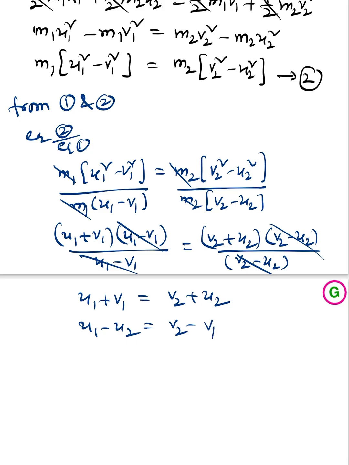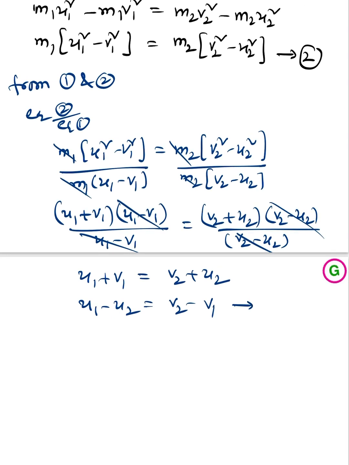So the velocity of approach before collision equals the velocity of separation after collision. This is equation 3. From it, we can write v2 equals u1 minus u2 plus v1.